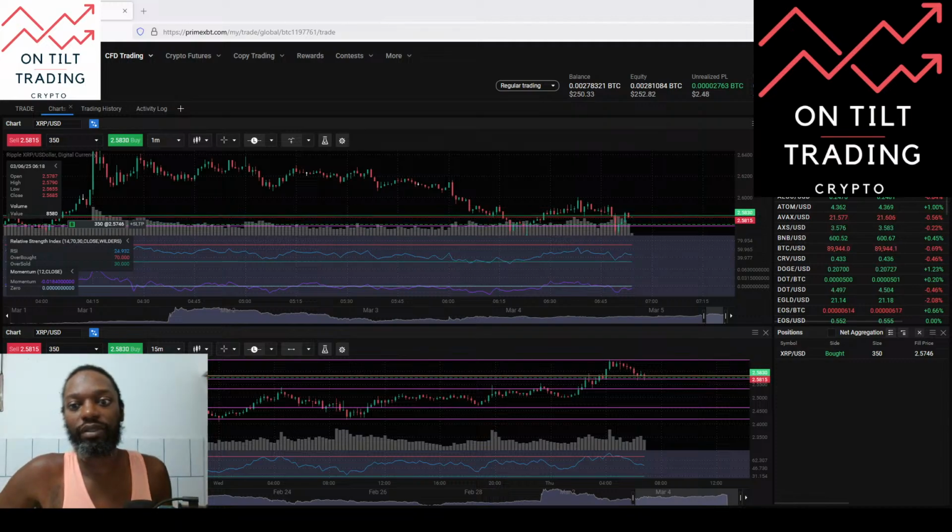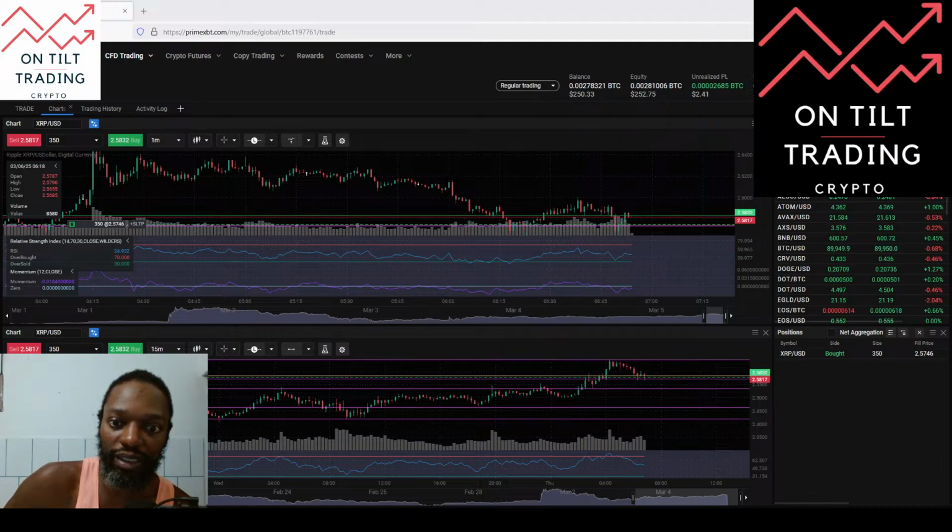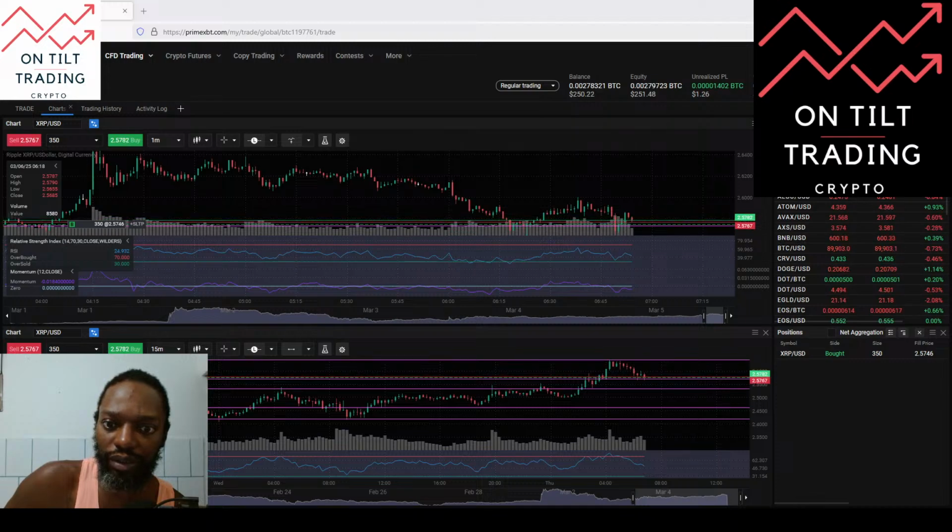I would take an entry somewhere up in here when the buyers took back momentum, trying to confirm that buyers were in control and had found support and were ready to potentially move the price higher. So not far off from what I'm already doing, but it would have been somewhere up in there.